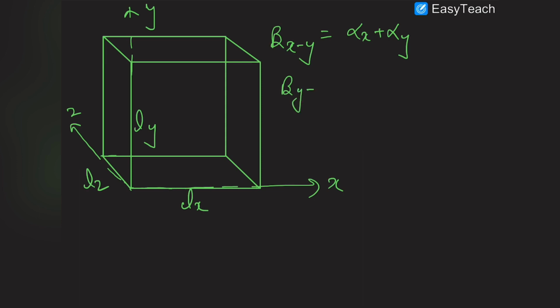Beta yz would be equal to alpha y plus alpha z, and beta zx will be equal to alpha z plus alpha x. So it is very important to know that there could be 3 different planes, and therefore 3 different coefficients of superficial expansion.